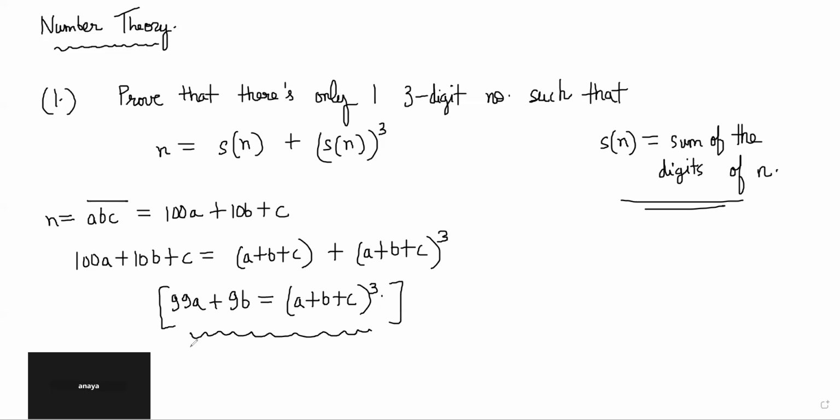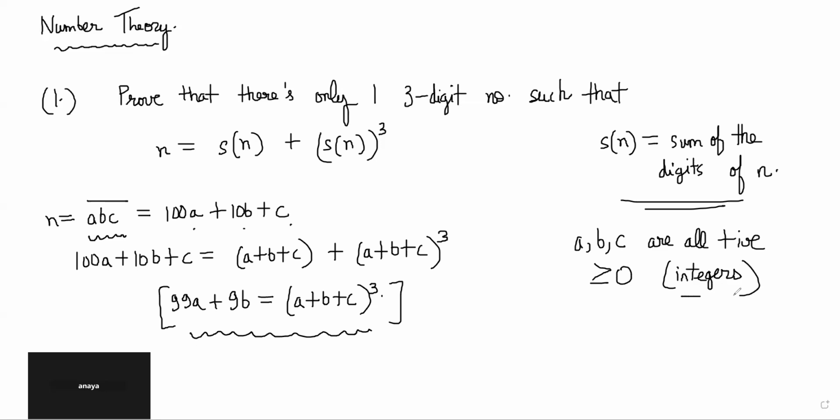You have to think of the fact that when you write it as a three-digit number, a, b, and c are all integers, greater than or equal to zero, where a is greater than zero. b and c could be zero.